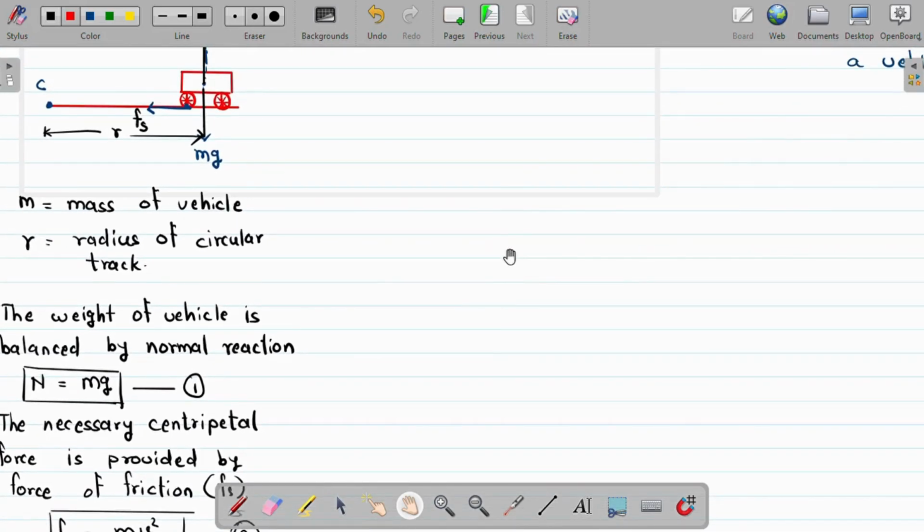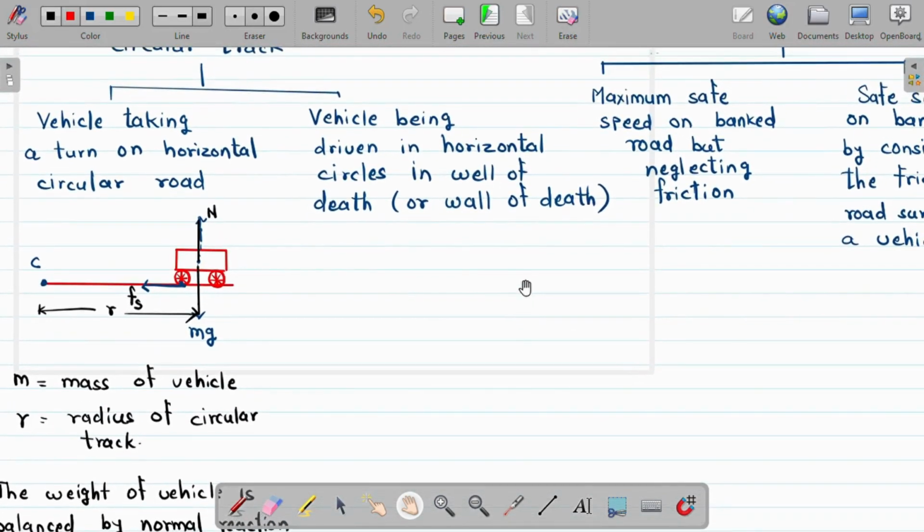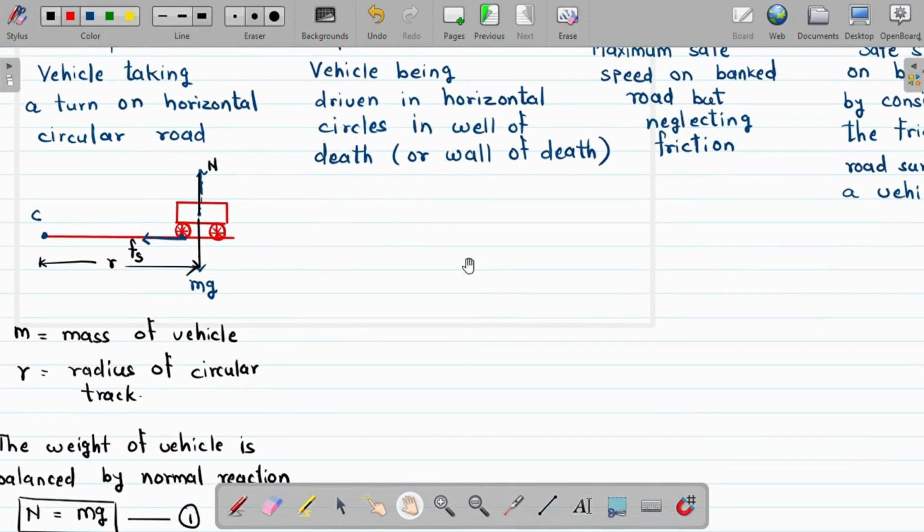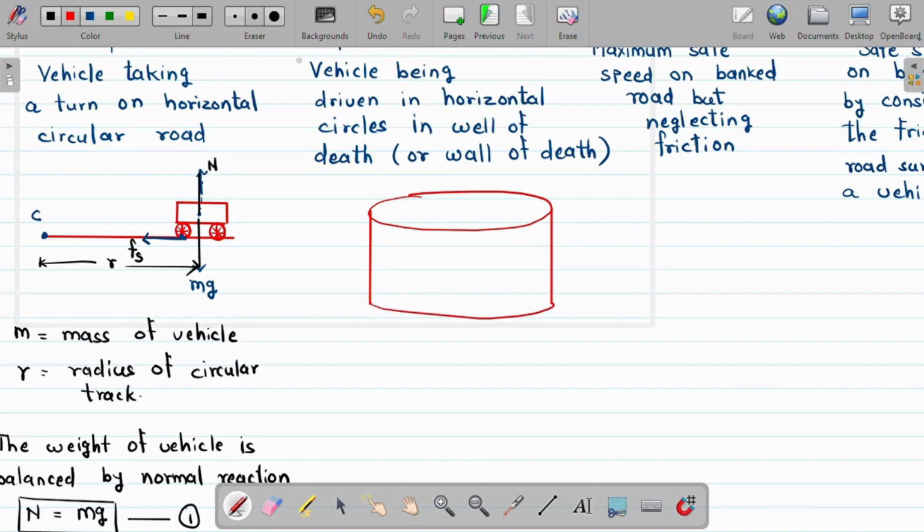Now the second one. The second derivation in this part is a vehicle being driven in horizontal circles in a vale of death. So let's draw the figure for that. Consider this is the vale of death, or you can say the wall of death, along which that motorcyclist is driving his bike.